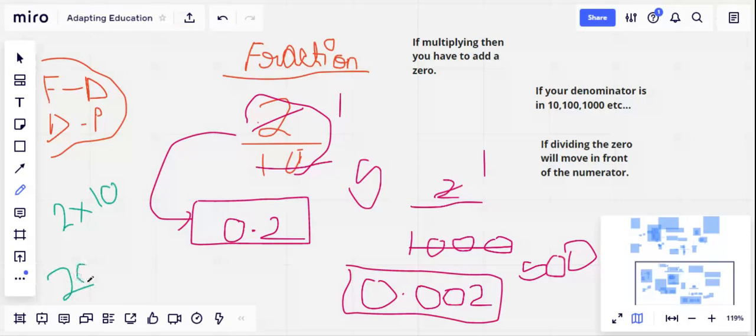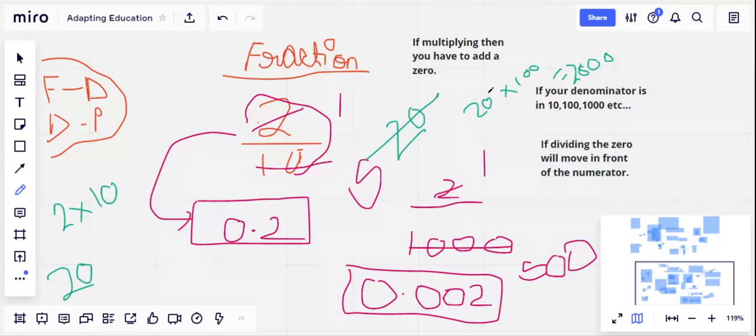So the answer is 20. It can also be 20 into 100. What will be the answer? The 20 will definitely be there, and two zeros more, so it will be 2000.